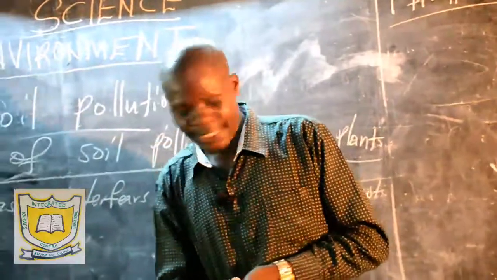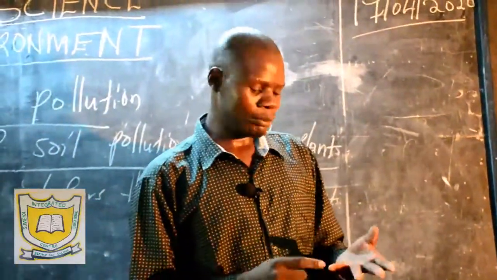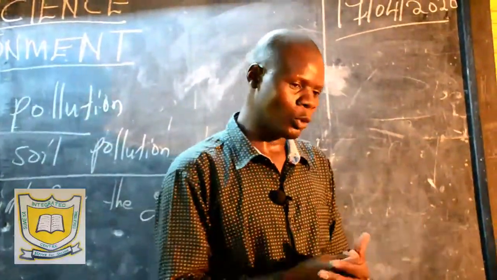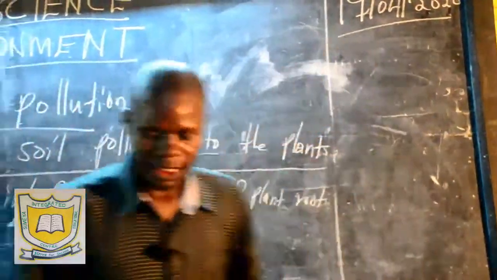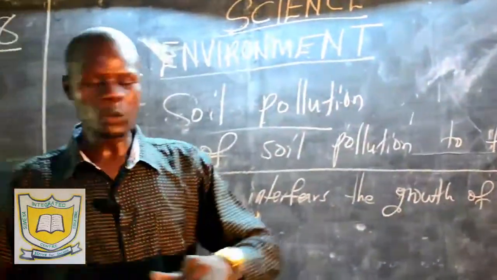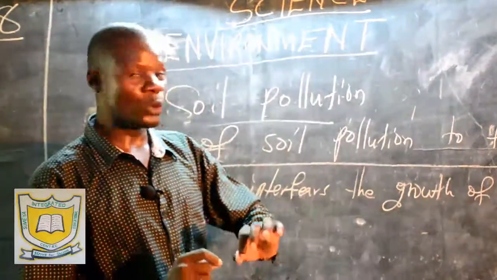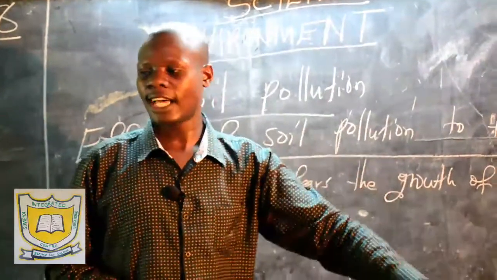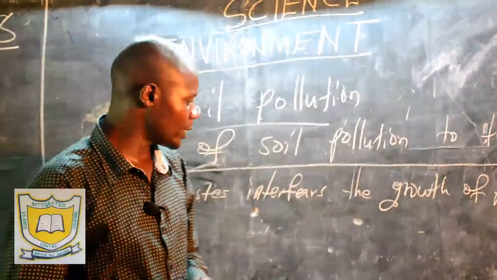Inorganic waste, I talked about inorganic waste, which can be polythene bags, plastics, and metallic material. This does not decompose. So when the plant is growing, we might have plastic in the soil. As the roots grow, they are interfered with by those plastics, metallics, and polythene bags in the soil, and you find that the crop is not healthy.